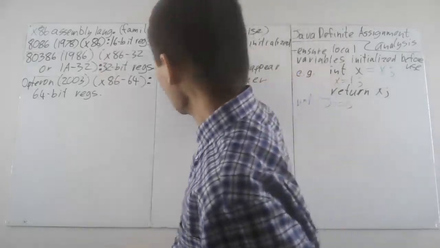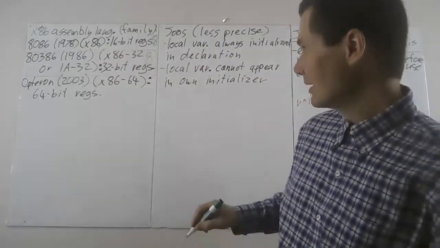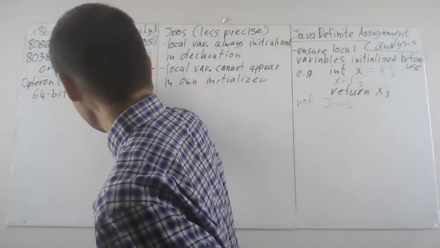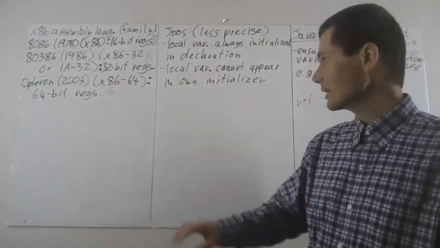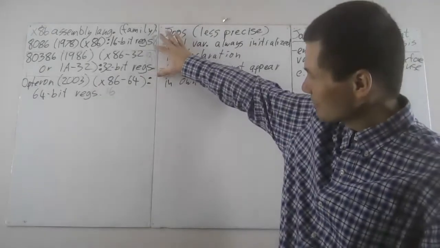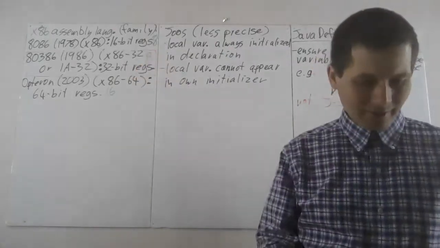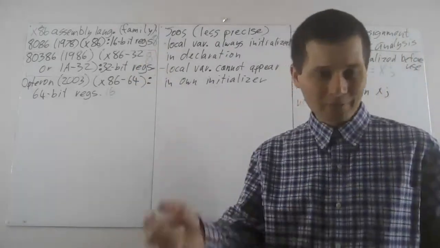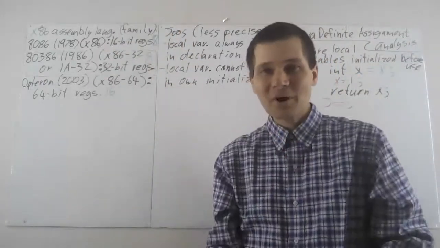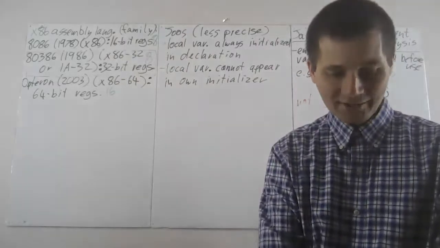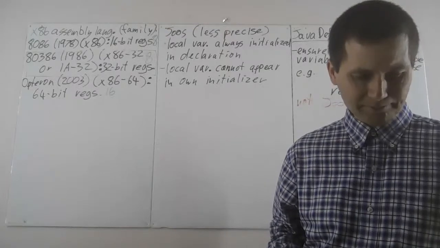In 1986, they made bigger registers, but you still only got 8 of them. Then in 2003, they thought, well, that's not very many, so we'll give you 16 registers. Just keep in mind we're doing the 32-bit assembly language, so there are 8 registers, and we actually won't be able to use all 8. So if you're used to CS241, there are going to be fewer registers than you might expect.